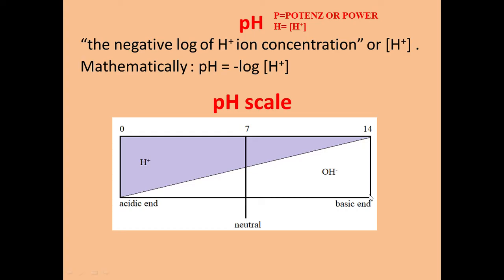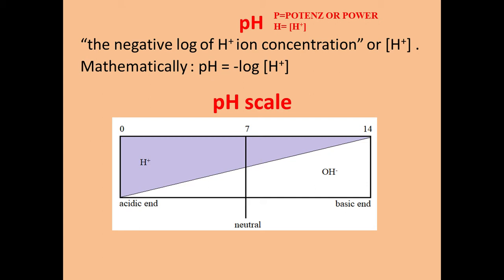The pH at 7, exactly in the middle, is called neutral pH. That means those chemicals lying in the range between 0 to 7 are treated as acids, while those in the range between 7 to 14 are treated as bases.